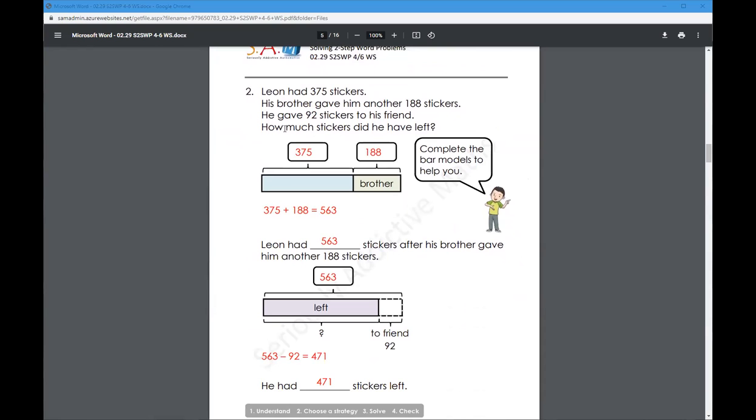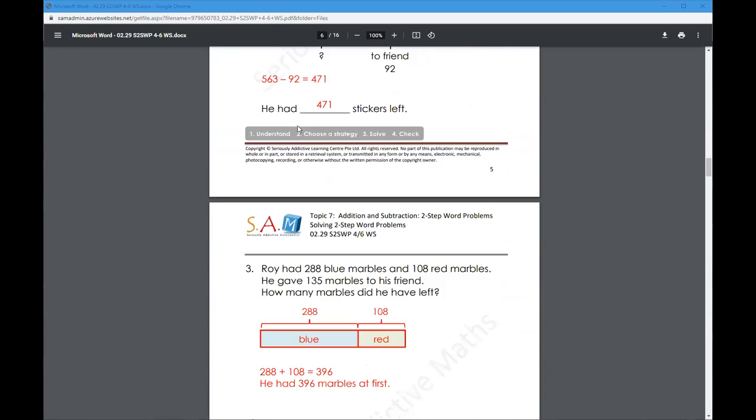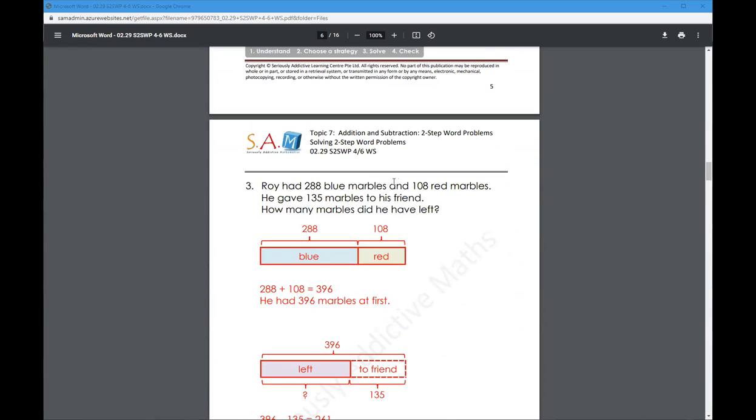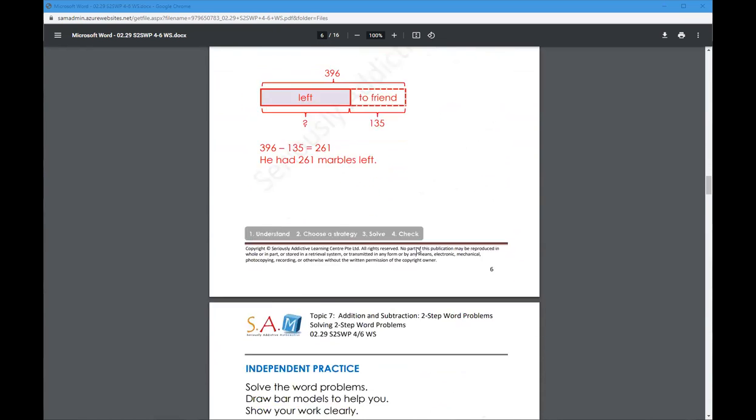Please continue to model this together with them. This is one that will require them to draw on their own. Make sure that they are able to do this on their own before you give them some practice questions. For this question, try not to draw for them already. Get them to draw, and this is where you go around to supervise them.